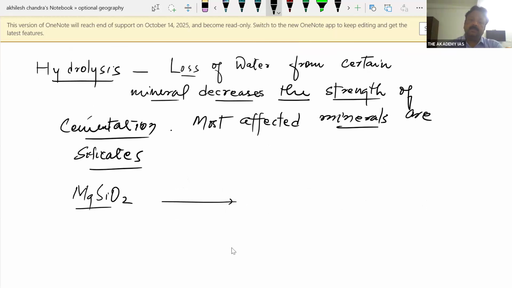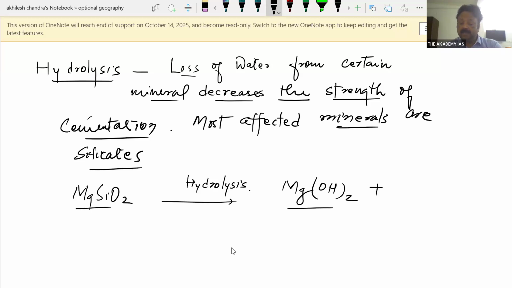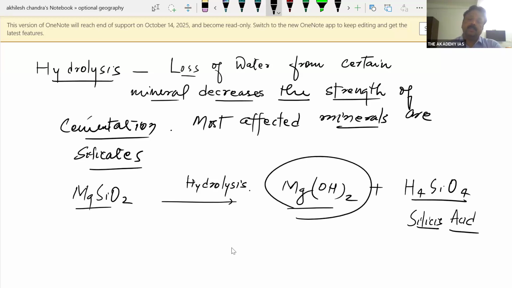And when hydrolysis is done, that means water removed, it will be converted into Mg(OH)2, that is magnesium hydroxide, and magnesium hydroxide plus H4SiO4. H4SiO4 is silicic acid. Fine.